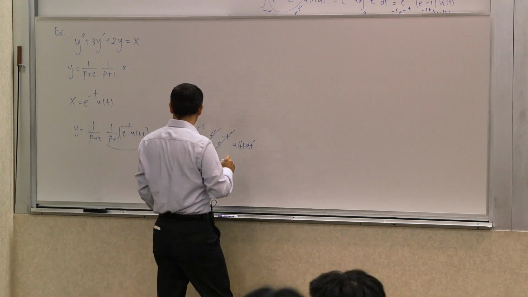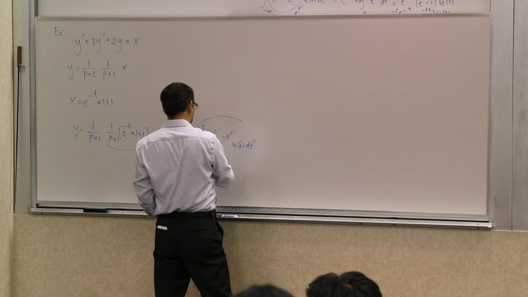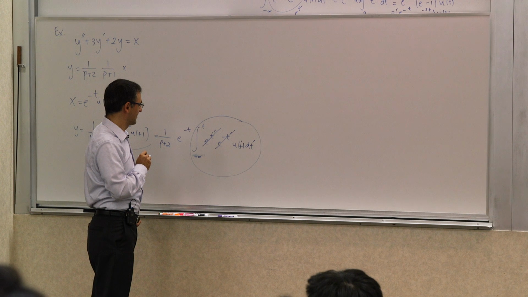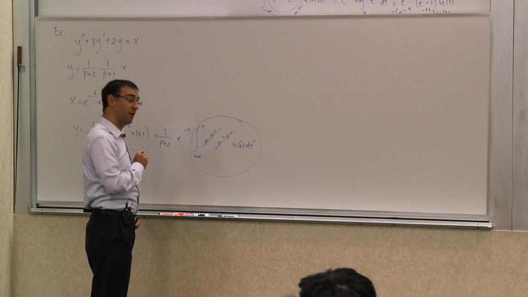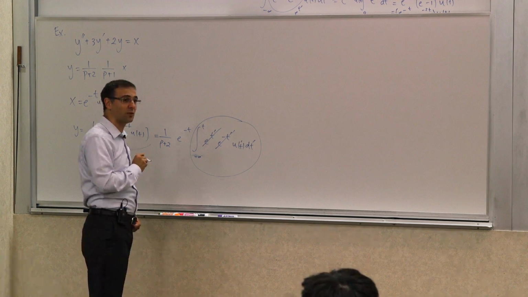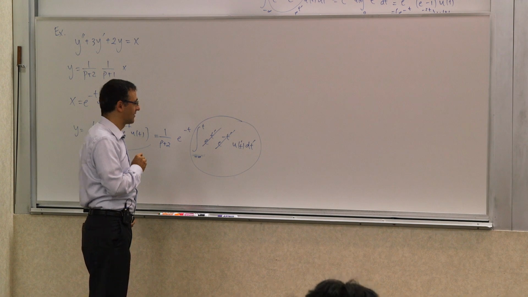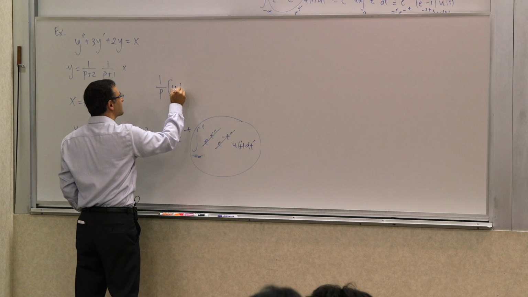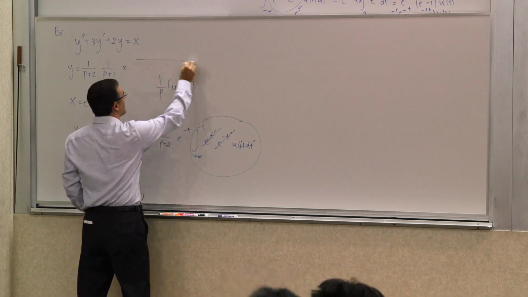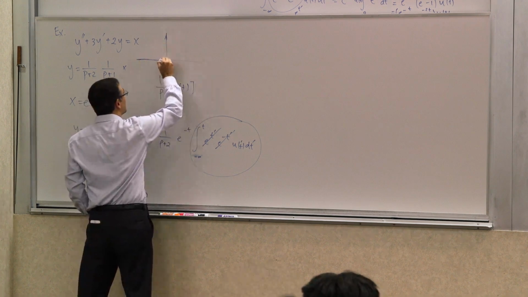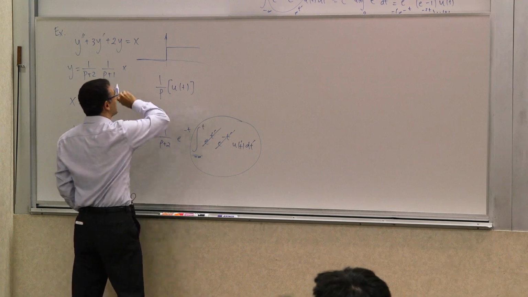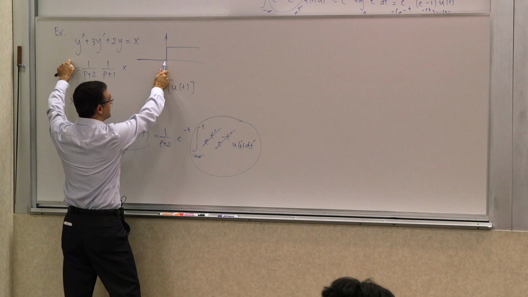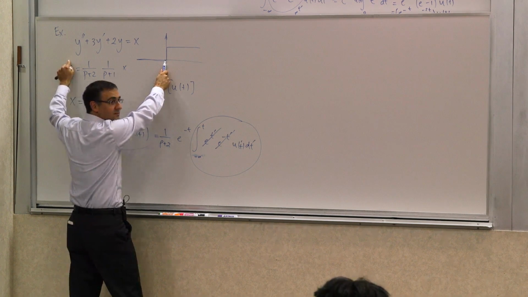So it's the integral. So what is this? That's just u of t. So it's the integral of u of t. Think area, right? So if I try to calculate the area under this from negative infinity to here, what are you going to get?